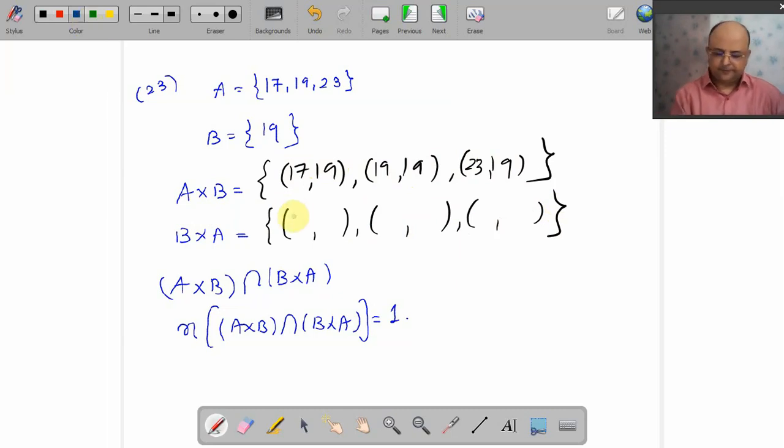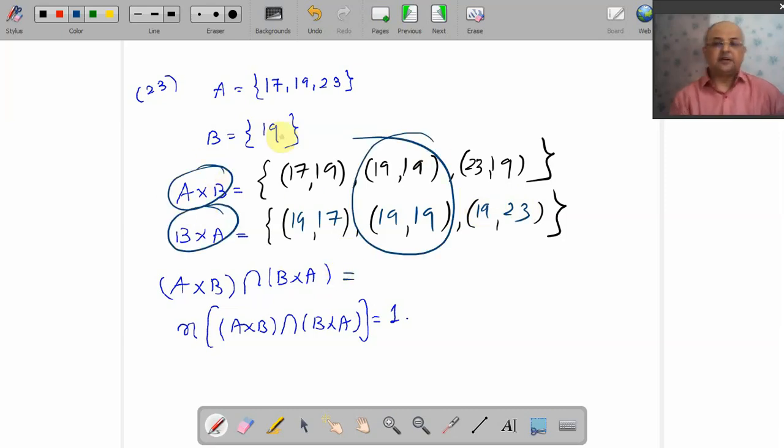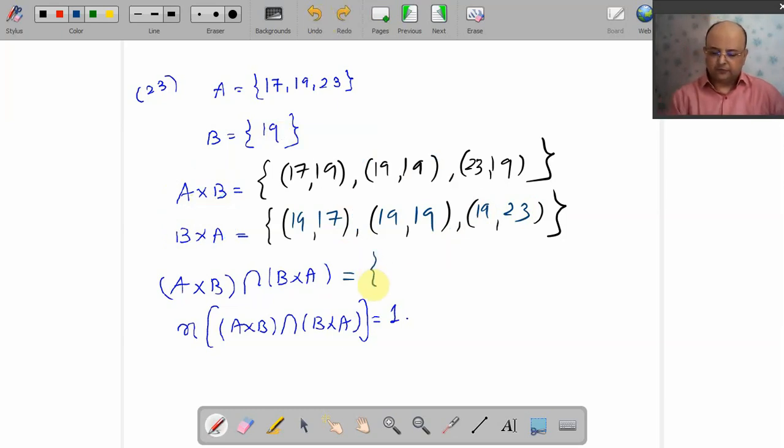You will help me. Well, these two sets have only one element in common, and what is that? 19, 19. So I should go for only the ordered pair 19, 19.